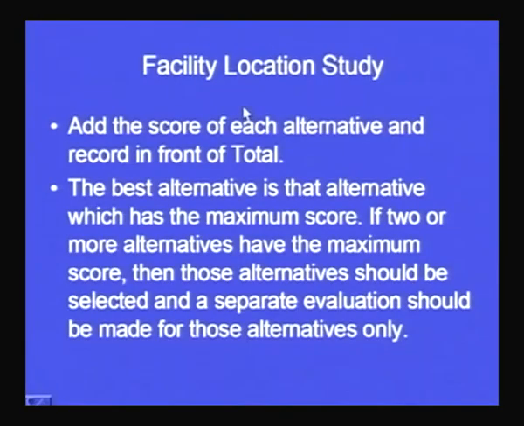Now add the score of each alternative and record in front of the table that we have already seen. The best alternative is that alternative which has the maximum score. If 2 or more alternatives have the maximum score, then those alternatives should be selected and a separate evaluation should be made for those alternatives. Most of the times we may be in a situation where we are only getting the one best alternative, but sometimes it may so happen that there are 2 alternatives having the same score.